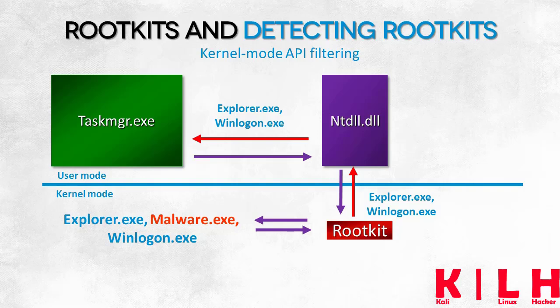A rootkit operates kernel-side and filters the calls by modifying kernel API. Kernel mode rootkits are much more difficult to detect, which makes them more effective. A drawback for attackers is that they require administrator permissions to run. Writing kernel mode rootkits takes a lot more skills than other types of rootkits.